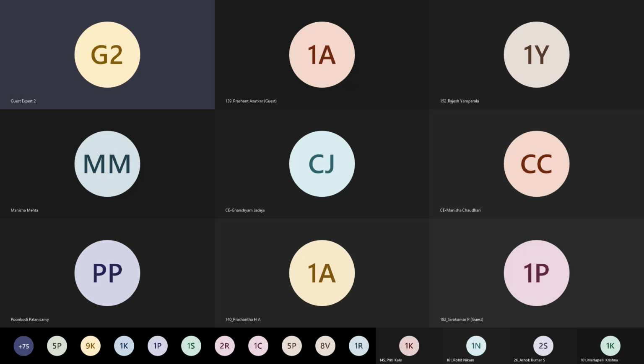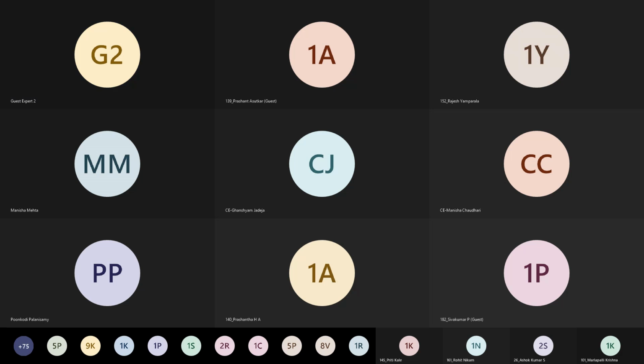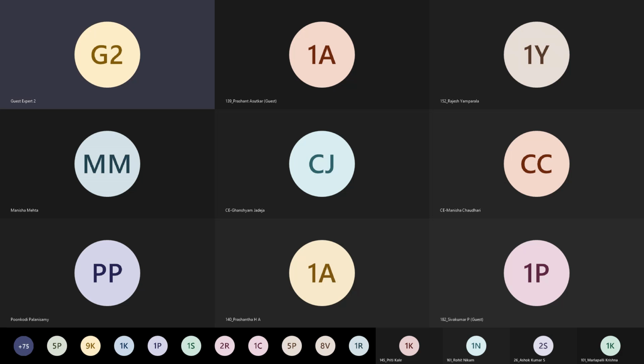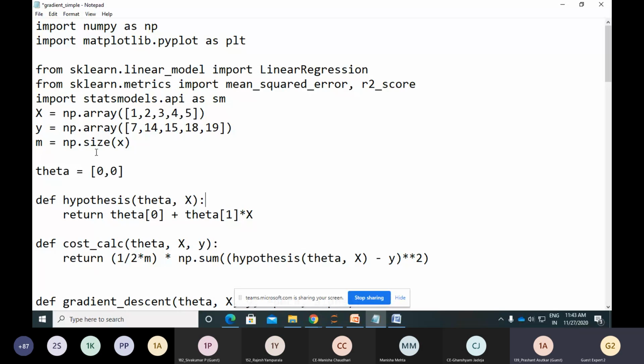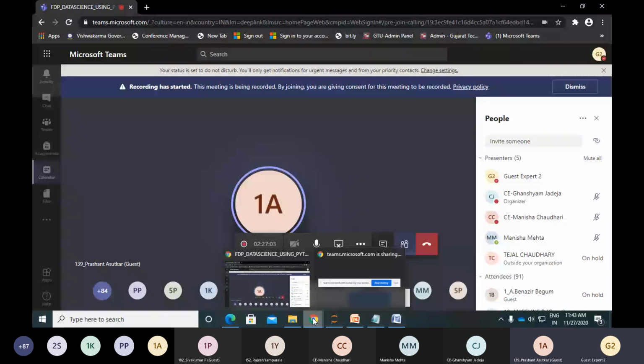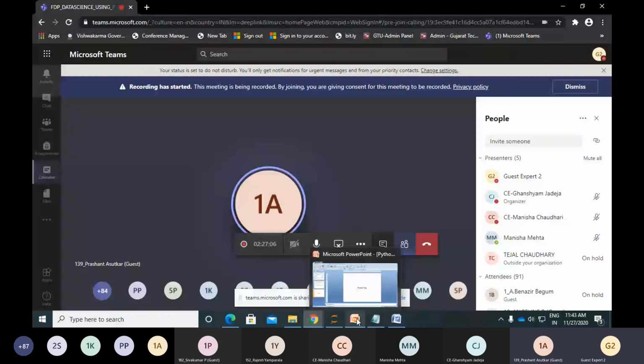There is a read underscore Excel function in the Pandas library which can be used to load the Excel data into the data frame data structure of Python.